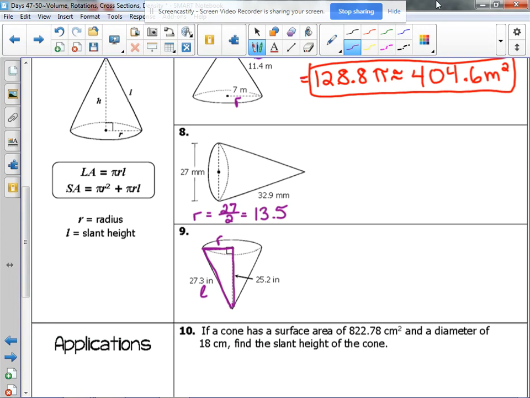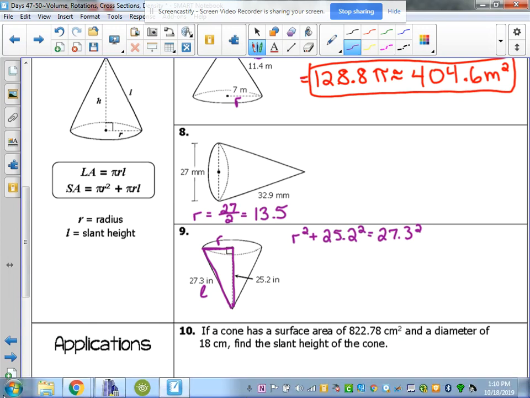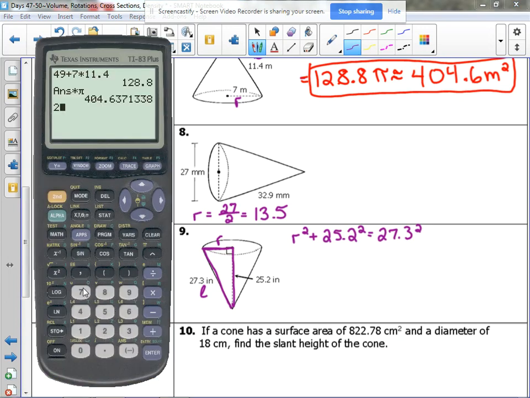The height, the radius, and the slant height form a right triangle. So let's do Pythagorean theorem here. R squared plus 25.2 squared equals our slant height squared, 27.3 squared. One extra step on this one, we have to subtract instead of add.